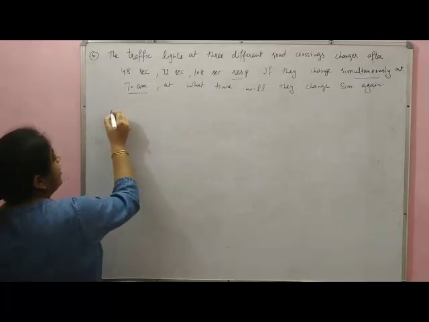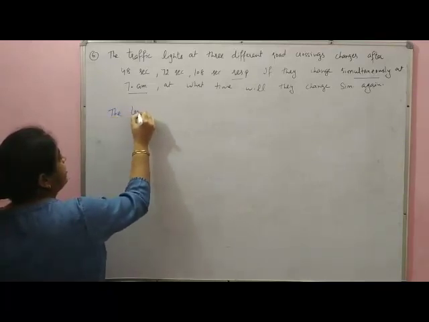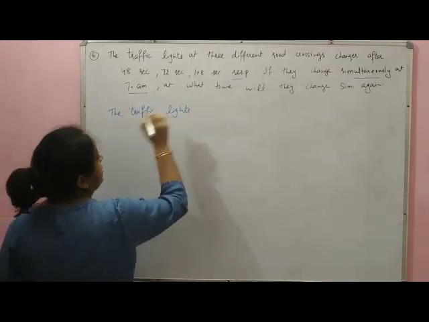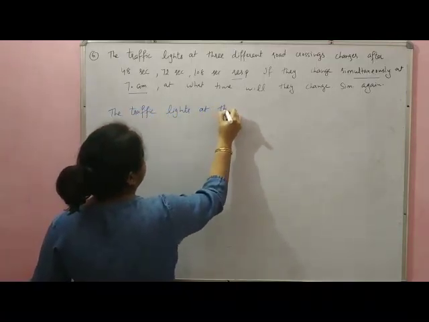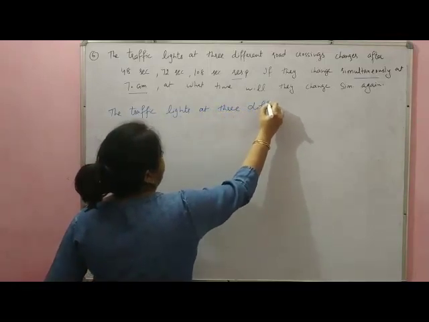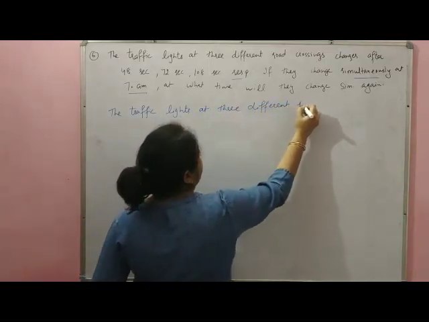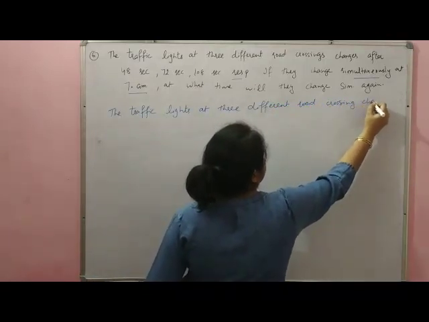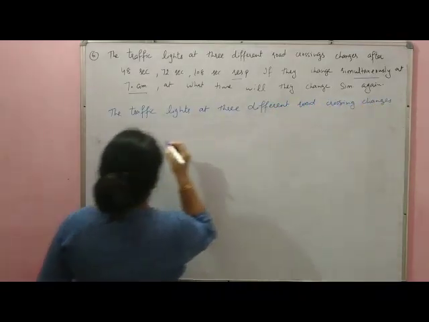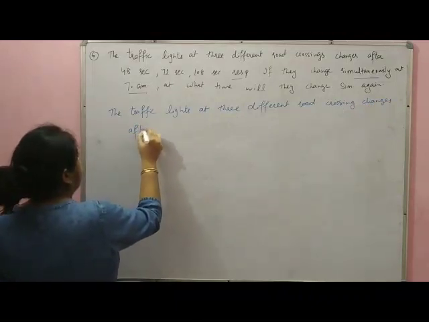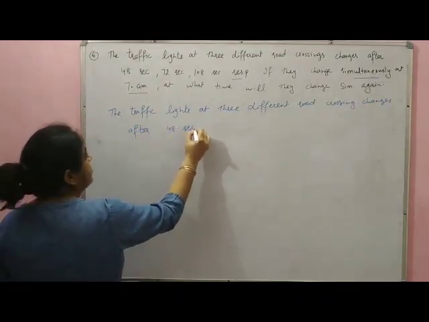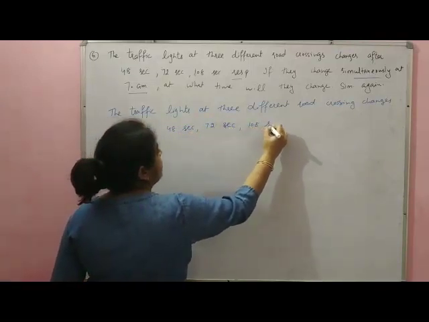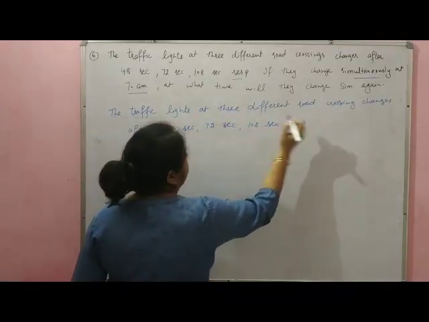So what is the question? The traffic lights at three different road crossings change after 48 seconds, 72 seconds, 108 seconds respectively.